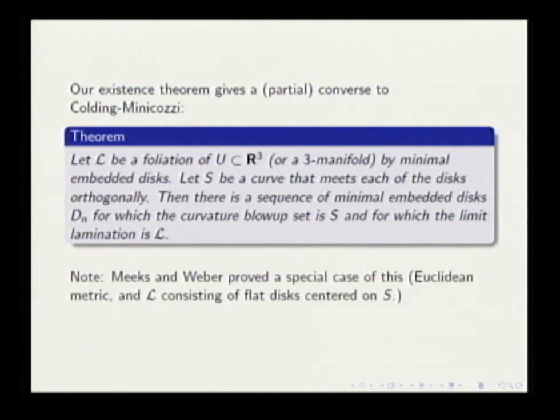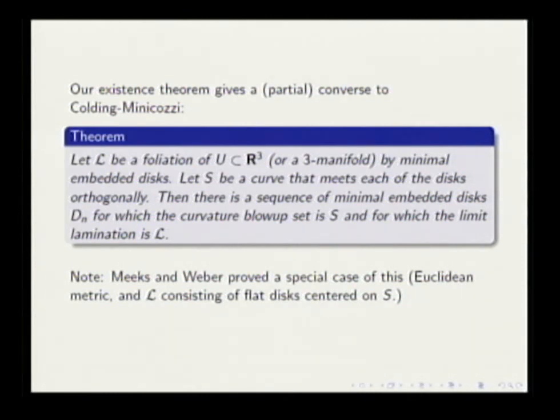And let me mention, this is a generalization of work of Meeks and Weber. Their method was completely different, but they proved this result if you're working in Euclidean space and if the foliation is a foliation by flat disks.